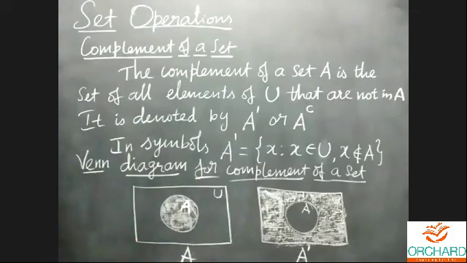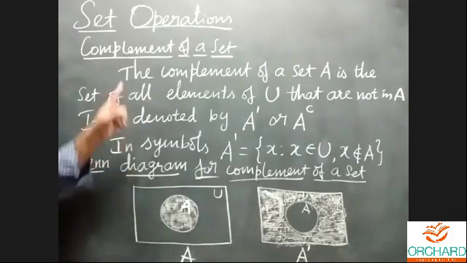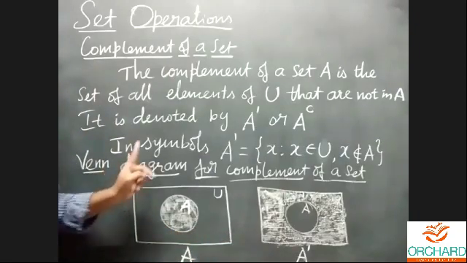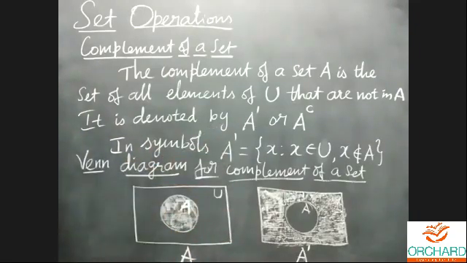Can you copy? Copy the definition of complement of a set, including the Venn diagram. Do it quickly. The diagram alone everybody must do neatly. The diagram is very, very important.